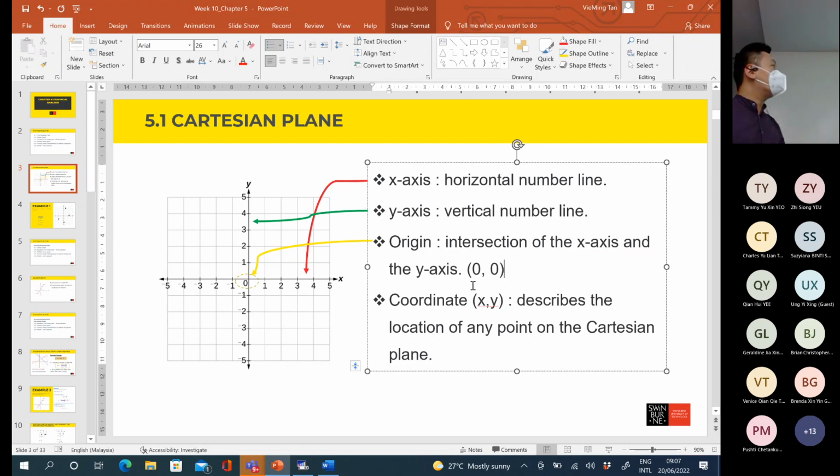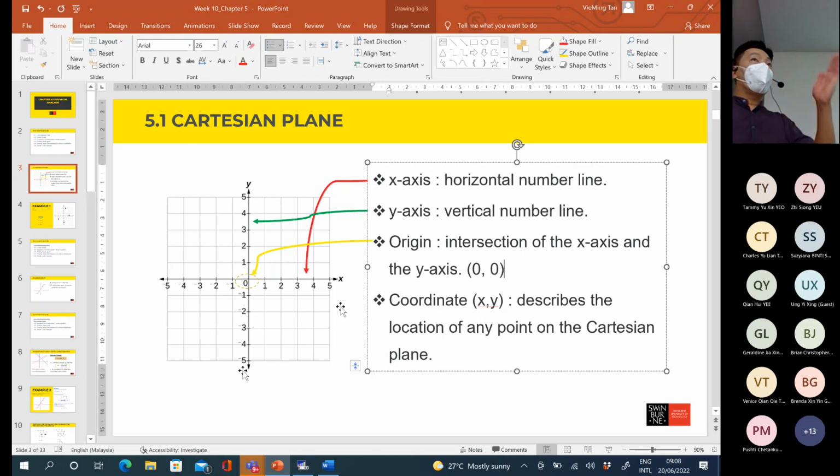So far so good? On the right hand side of the y-axis, all of the x values are positive numbers.